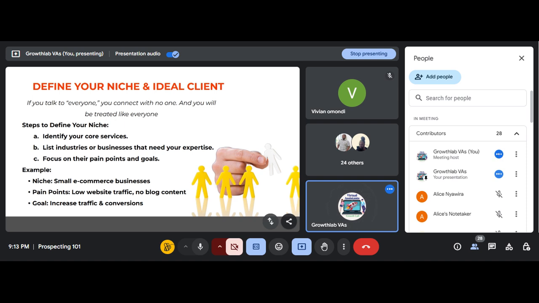Then the third one is niching down on location. So you can decide you only help small businesses in a city somewhere, say Leeds, say Manchester, just a specific location. So you can either do one of the three or you can combine.